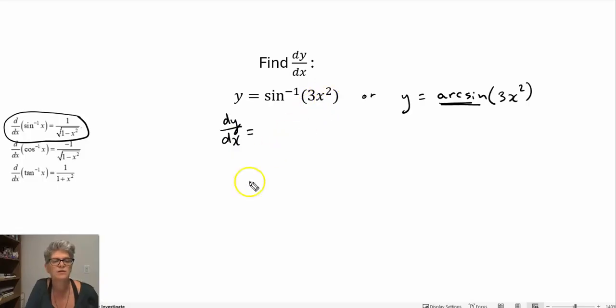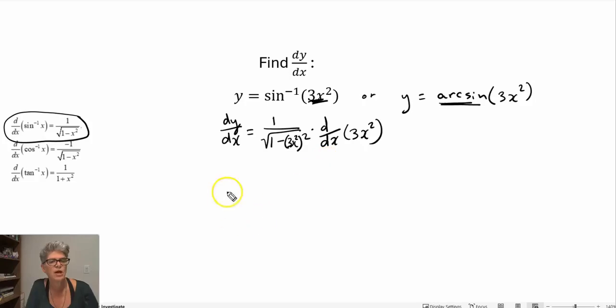I have inverse sine of 3x squared. So the derivative of that is going to be 1 over the square root of 1 minus, and then what goes in parentheses there is 3x squared. Okay, then times the derivative with respect to x of 3x squared. Okay, so it's kind of using the chain rule.